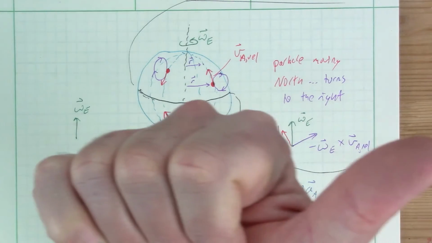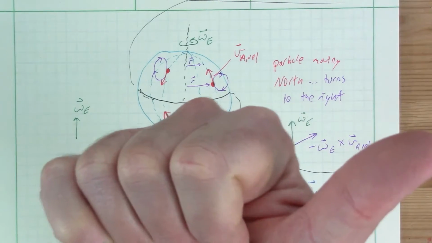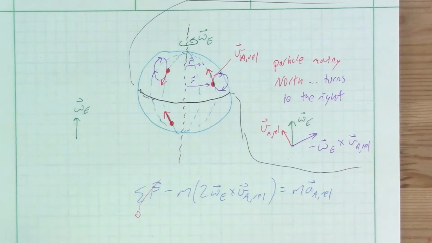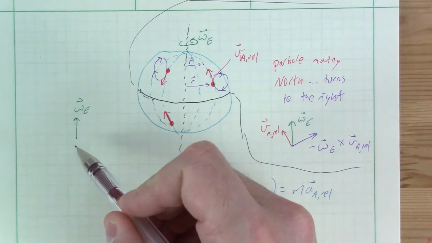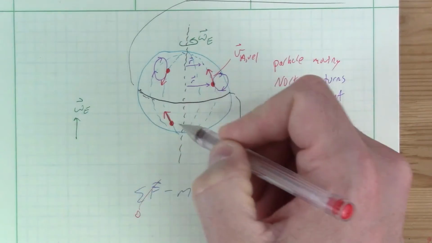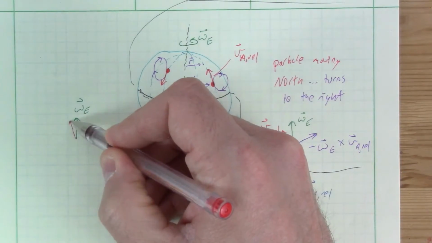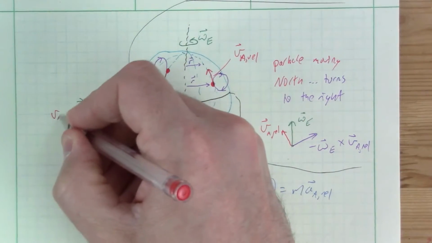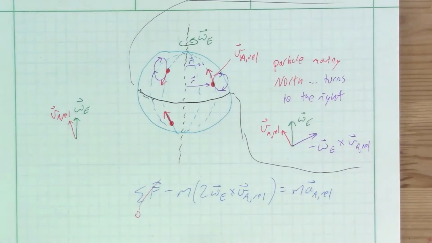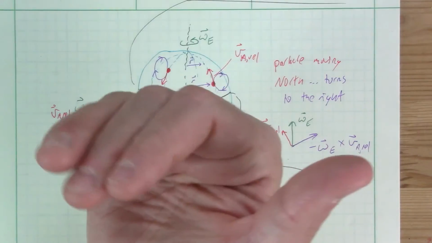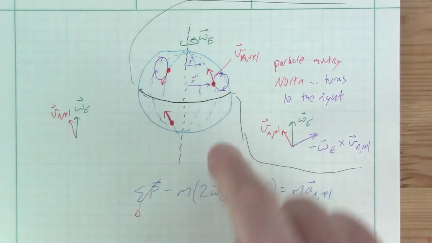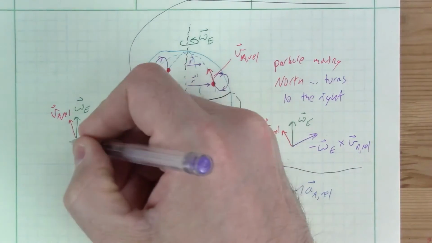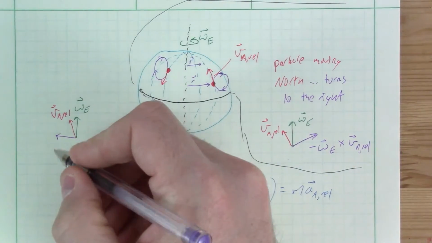Omega cross V would be to the right, but flip it to be negative to go to the left. I don't know how to represent this on this plot here. It should be bending out of the page, V_A relative, and then omega cross V would be that way, but it's negative, so it ends up pushing it to the left.